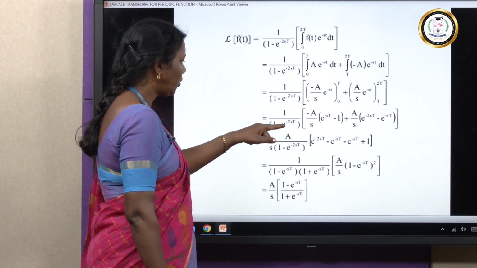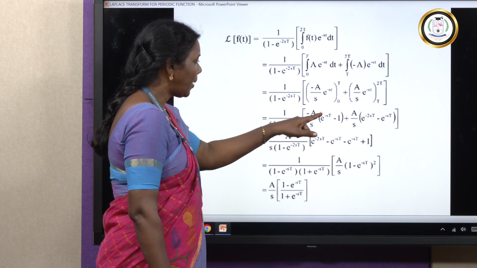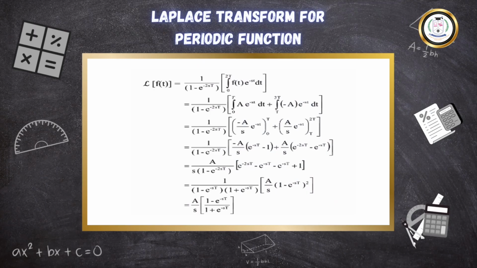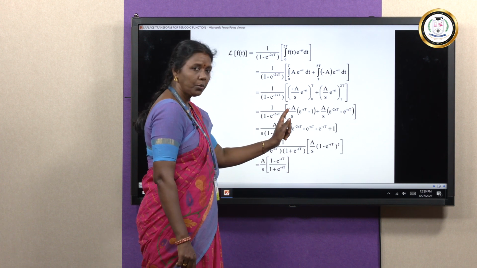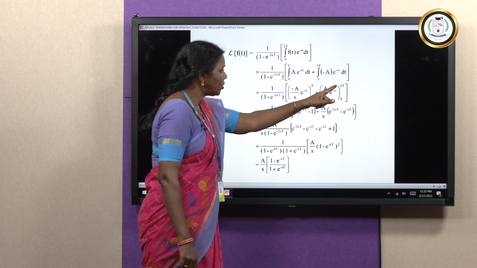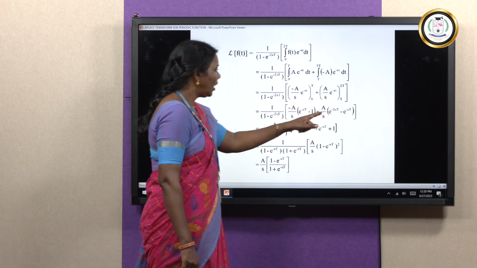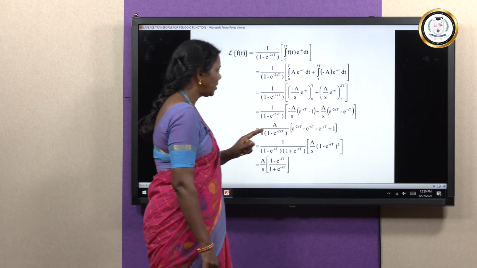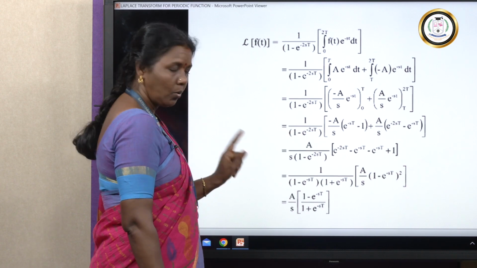1 by 1 minus e to the power minus 2sT, minus a by s, which is a constant. The upper limit is capital T, the lower limit is 0. Exponential e to the power 0 is 1. So e to the power minus sT minus 1, plus a by s, which is a constant so we took it outside, times e to the power minus 2sT. The upper limit is 2T, so we substitute 2T here, and the lower limit gives minus e to the power minus sT. We can take a and s outside.